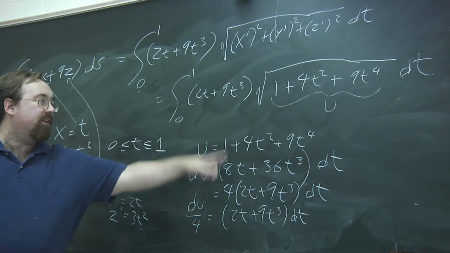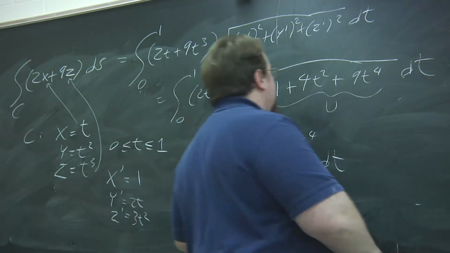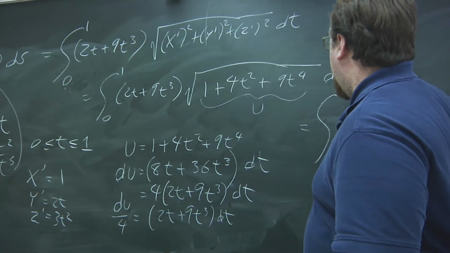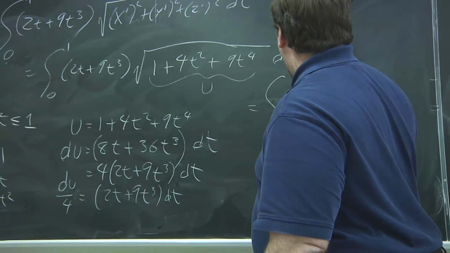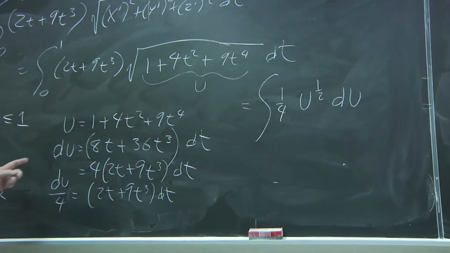So now we get these things to match, just to cut down on a chance of making a careless mistake, like what might happen in the middle of an exam. So now what we're going to get is integral of 1/4 u to the 1/2 du of what we need limits.